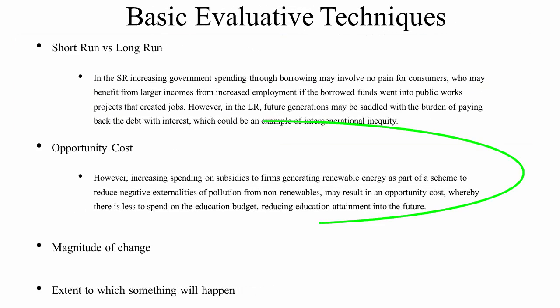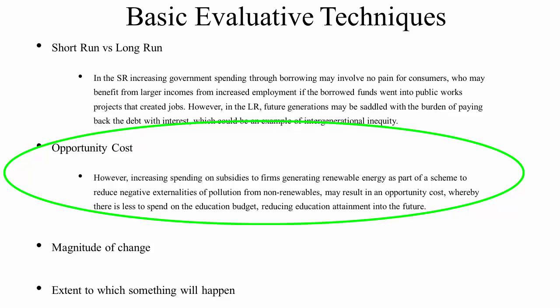Discussing the opportunity cost of a policy or decision is a very good basic evaluative technique to employ in essays. For example, on the screen at the moment, it says that, however, increasing spending on subsidies to firms generating renewable energy, which is the argument being made in the essay if the rest of it was here, as part of a scheme to reduce negative externalities of pollution from non-renewables, may result in an opportunity cost.